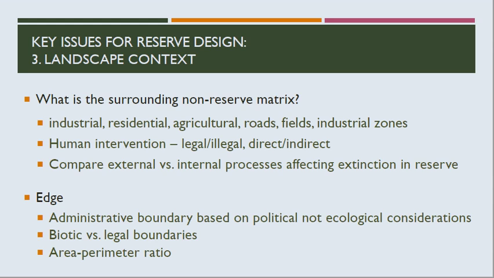An ideal reserve boundary is based on ecological considerations, whether it be a river or a ridge line or something like that, so that plants and animals will be less likely to want to cross those boundaries, and also those boundaries are much more recognizable on the ground. And also, as always, we need to minimize the amount of edge.